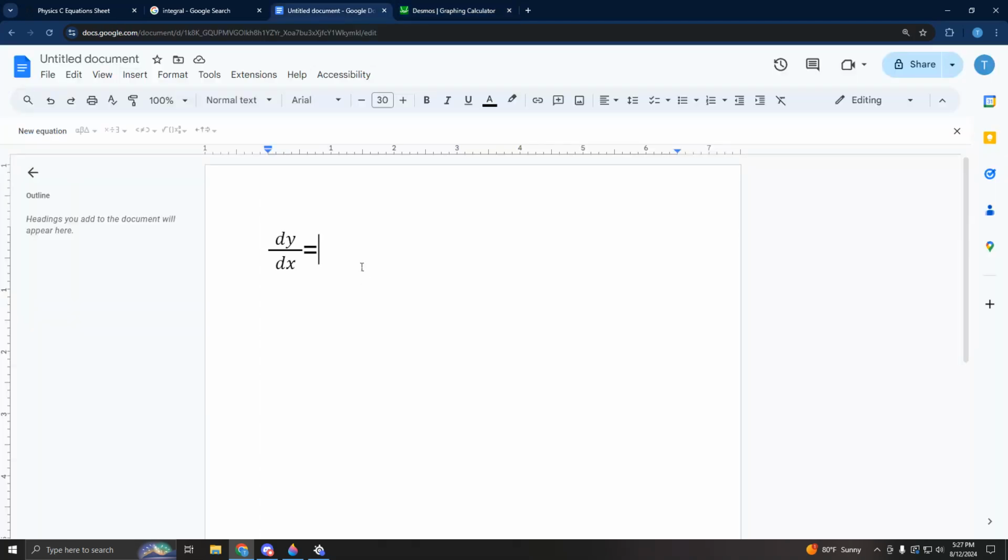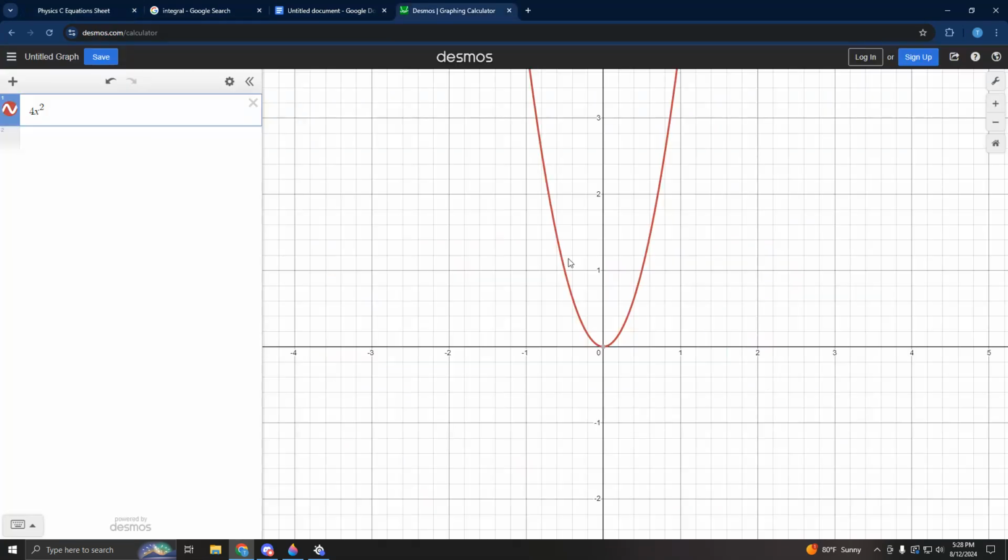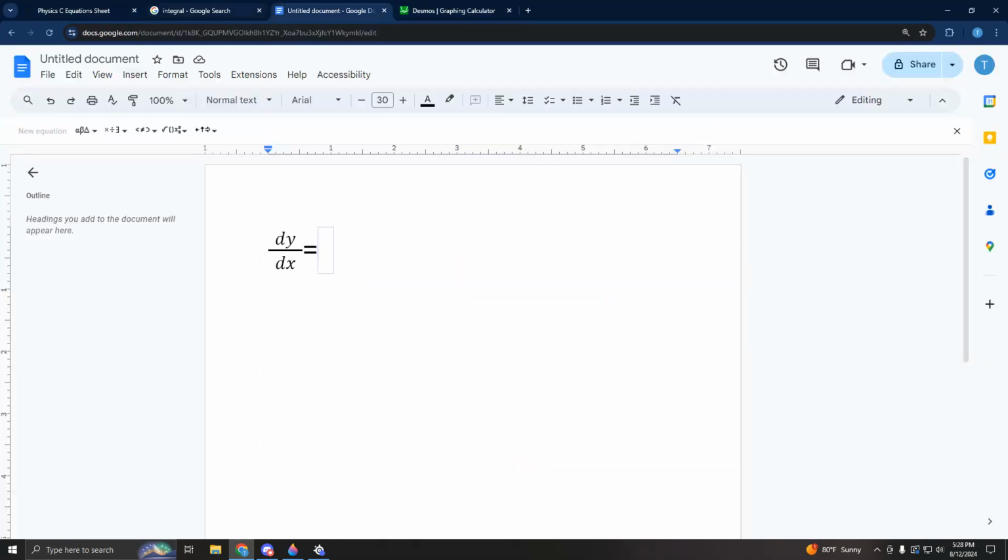That is a very bad explanation, but essentially to take a derivative, what you have to know is it's the slope of a line at a given point.